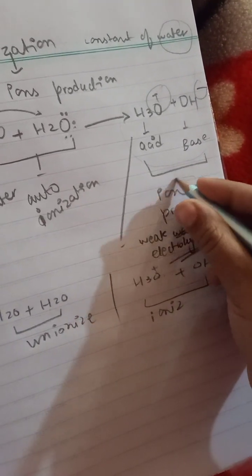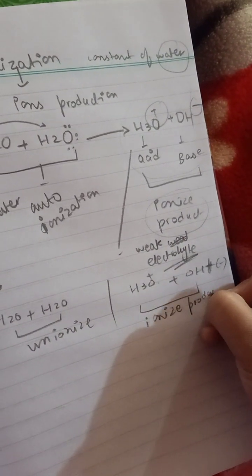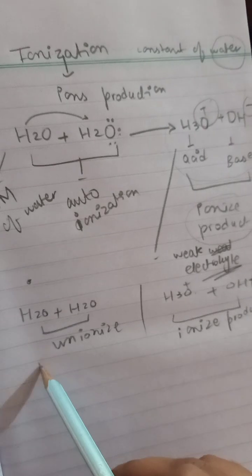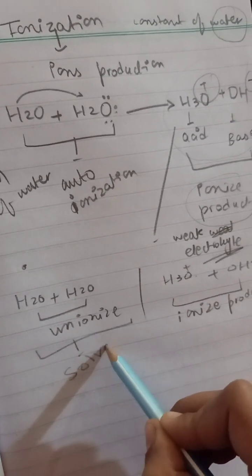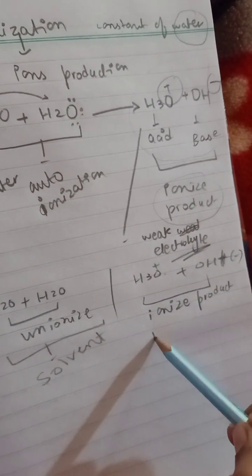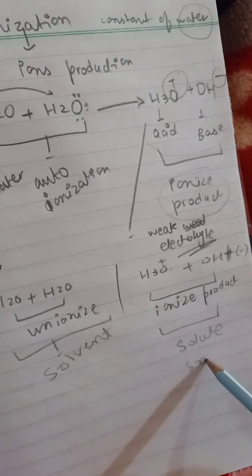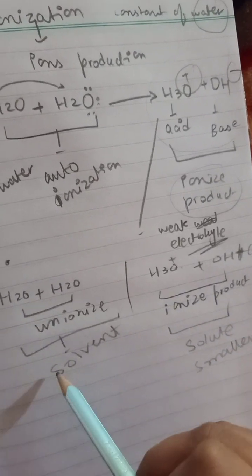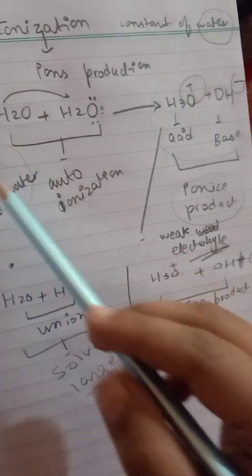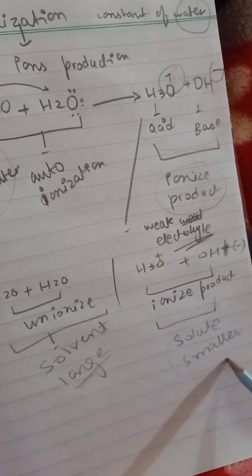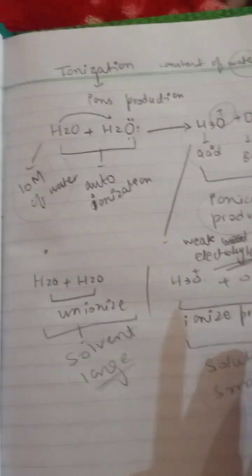The larger one we call the solvent, and this is the solute, which is smaller, because a large amount of molecules are there, like 10 million, and only one molecule is converted into the ionized product. That's why we call it smaller and the solute.